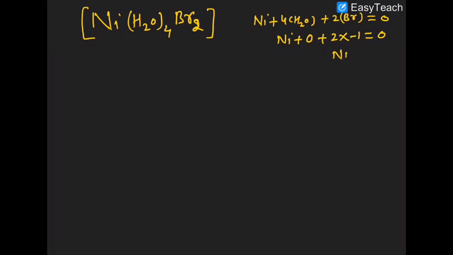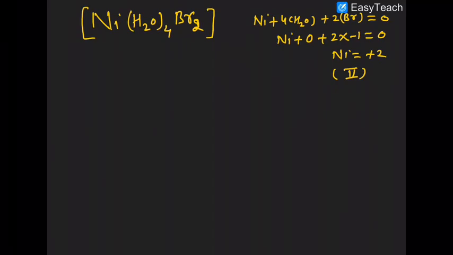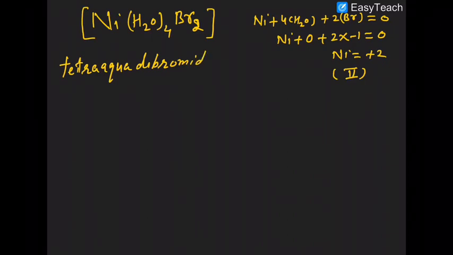So nickel comes out to be +2, shown by Roman numeral 2. So it is tetraaqua dibromido nickel 2.